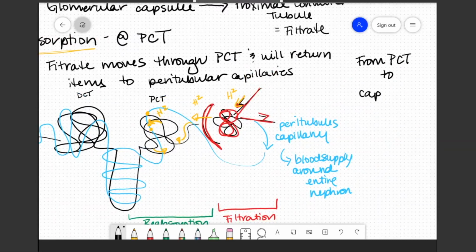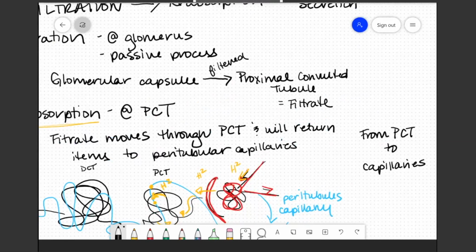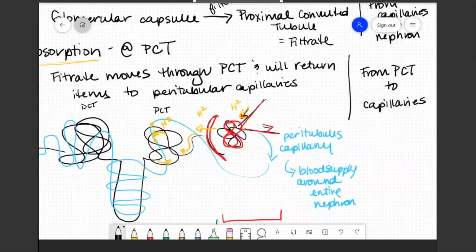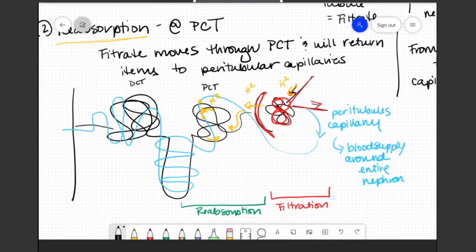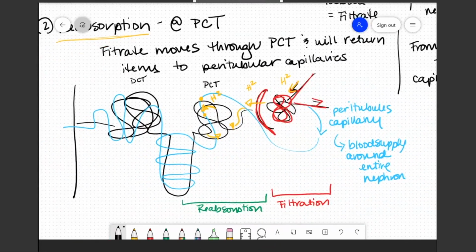You are going back into the blood supply, whereas filtration was coming from the capillaries to the nephron. This one we're going backwards. We're going from the tubes back to the blood supply. So reabsorption is you are reabsorbing items back into the blood.